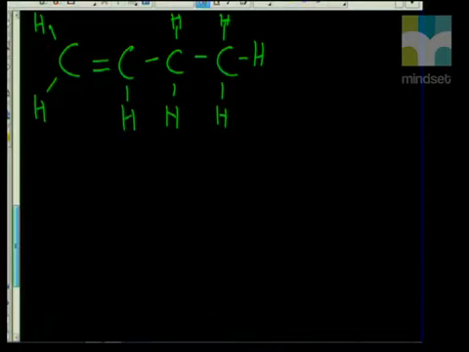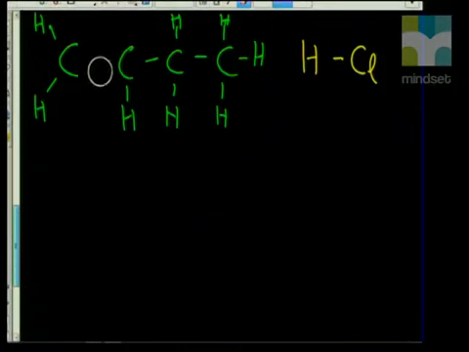So along comes hydrogen chloride, hydrogen and chlorine. And we want to take the hydrogen and the chlorine and add it to the double bond. That means we're going to break one of these bonds, and we're going to just be left with one of them. The other one is going to appear at the top over there.